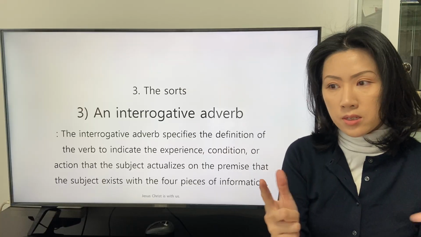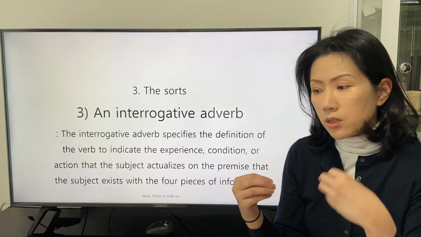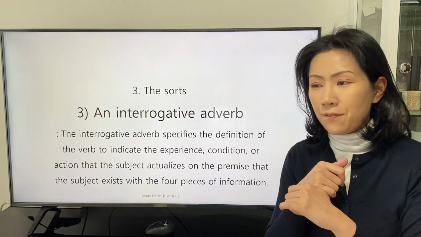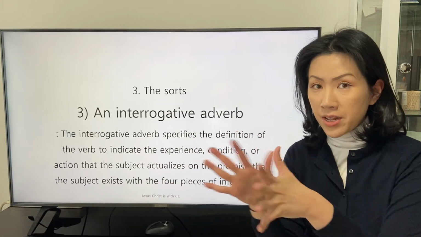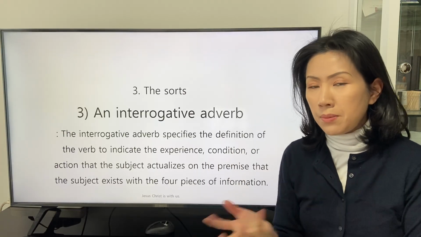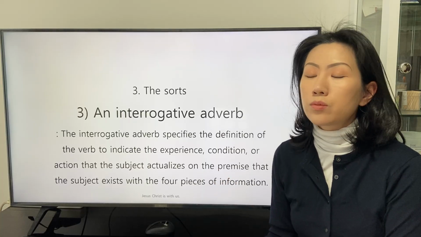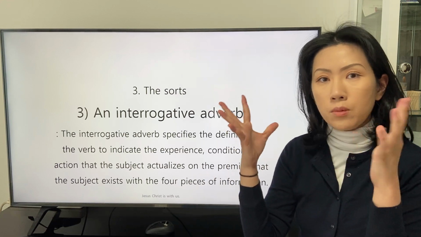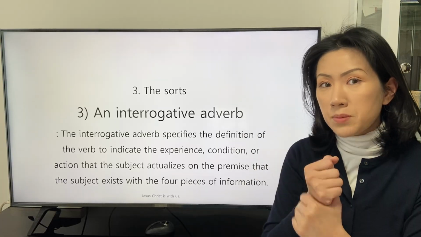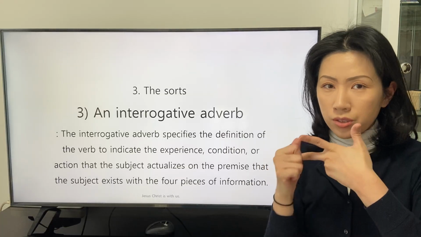Compared to the limited descriptive definition of the determiner, the adjective describes the subject or the object in the clause in various ways, in various definitions, because the adjectives can be considered to be derived from a verb. So the adjective can describe the subject or the object about its experience, condition, or action.